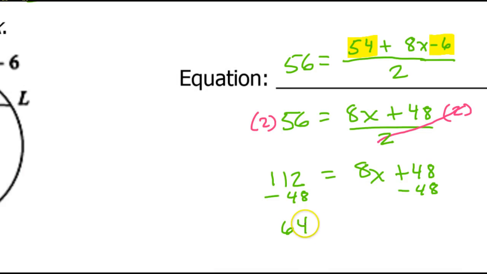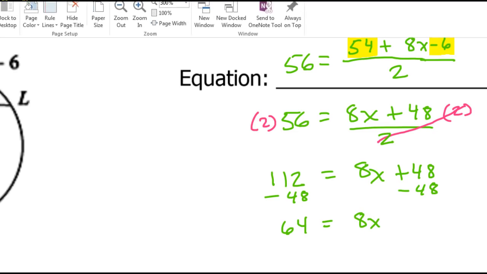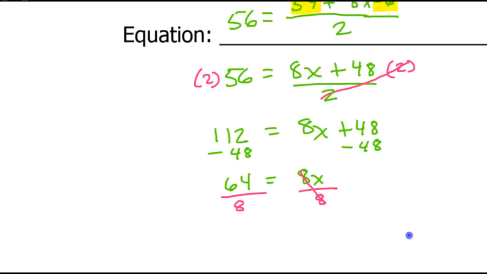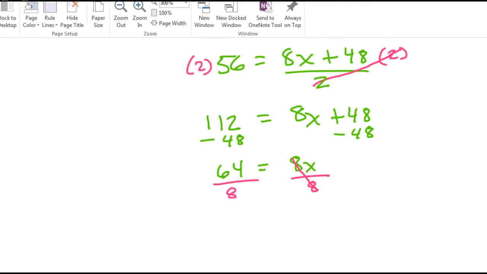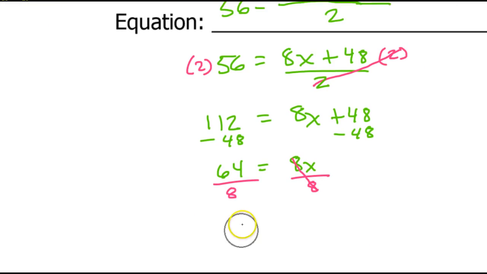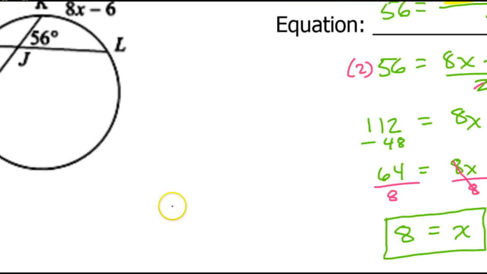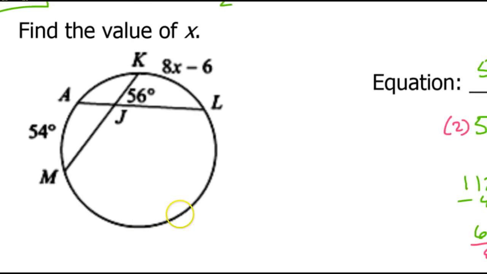So now we have 64 is equal to 8x, and then we divide both sides by 8 to get x by itself. So x is equal to 8. That is how you do problem number 7.